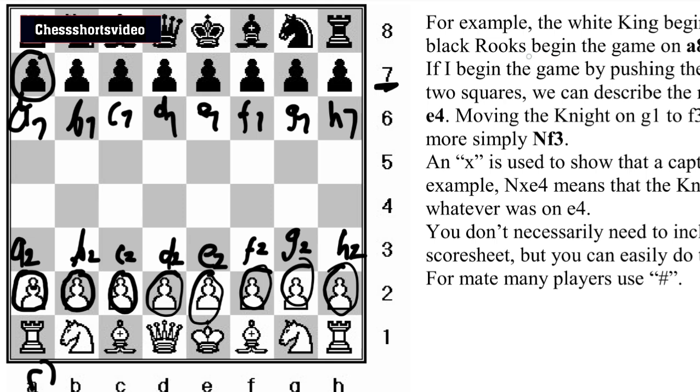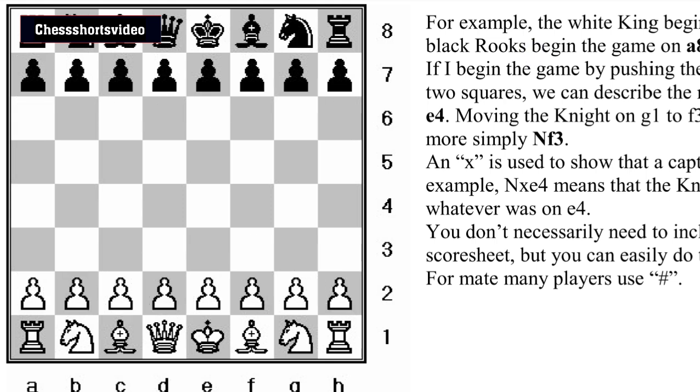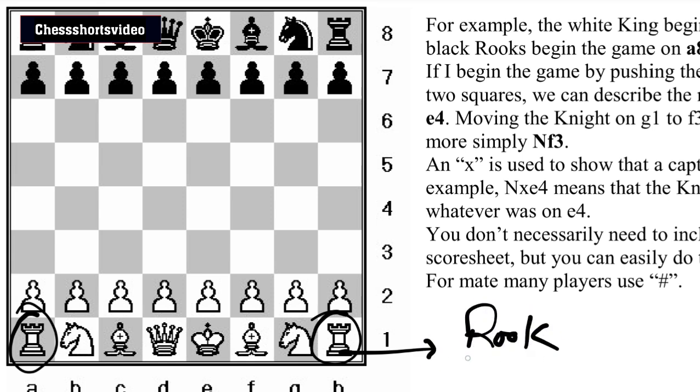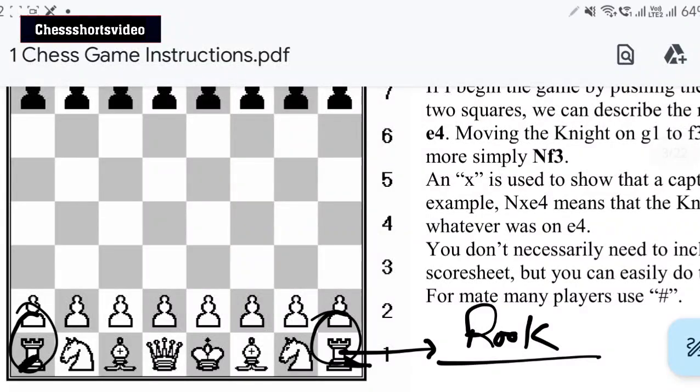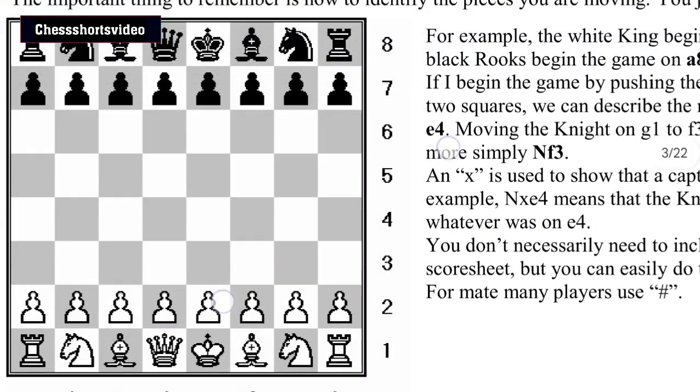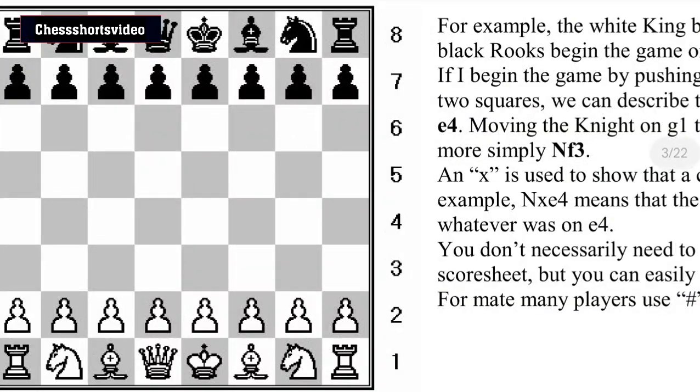Now we have more pieces. The corners are set with rooks. They are called rook, R-O-O-K, rook. We have 2 rooks. This is the A1 rook. This is H1. So the extreme corners are occupied by a rook. Similarly, dark pieces have 2 rooks.